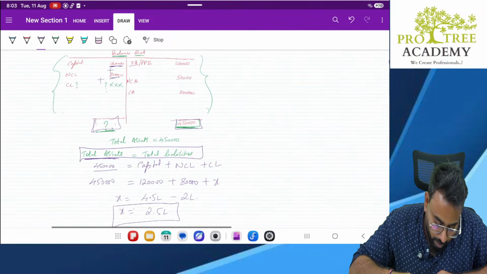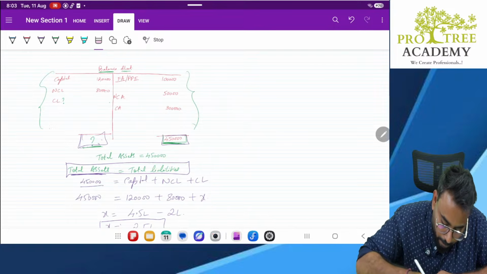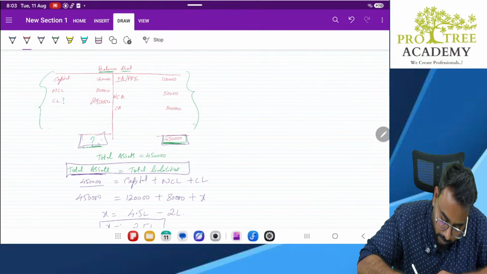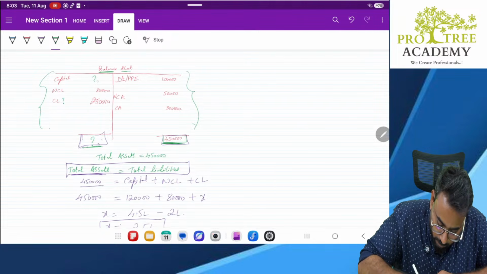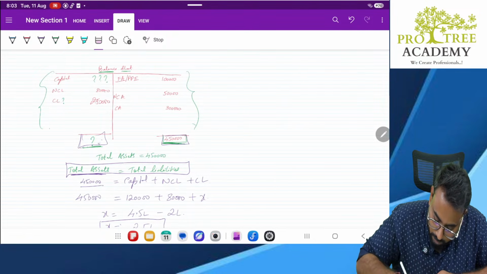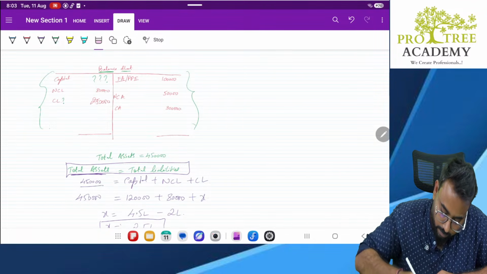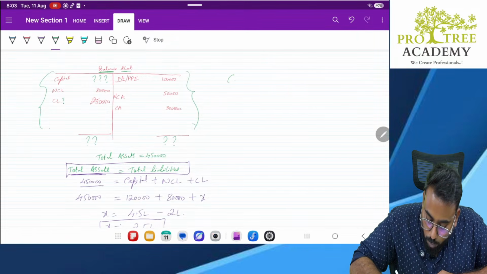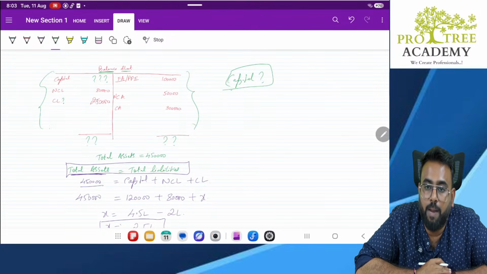Next, same balance sheet. Find out what is the capital.